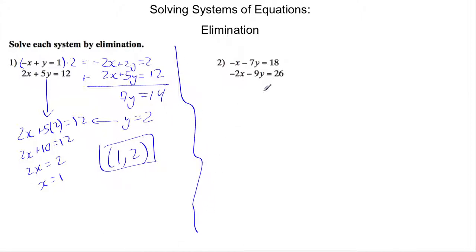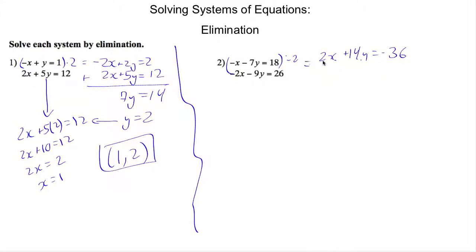For the second one over here, again, I want to eliminate. Here, it's probably going to be easier to multiply by 2. So I'm going to multiply actually by a negative 2. When I multiply this by negative 2, I get positive 2x plus 14y is equal to negative 36.